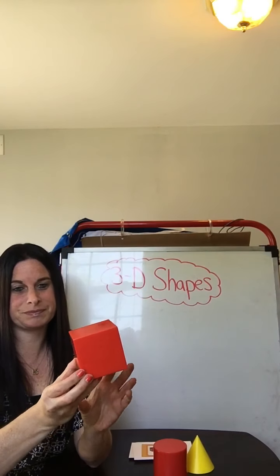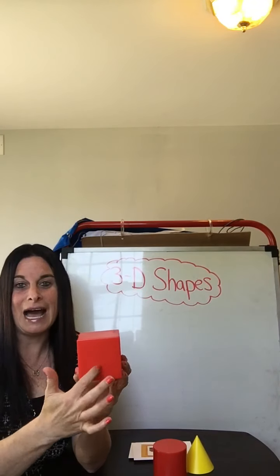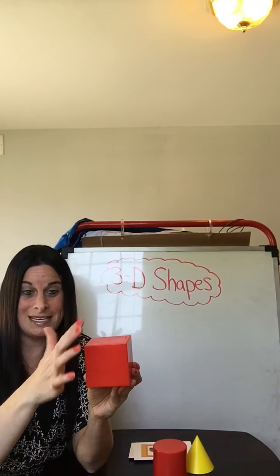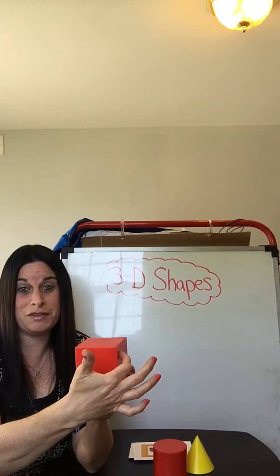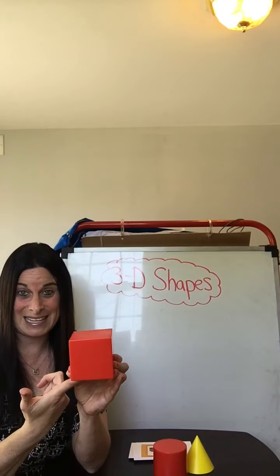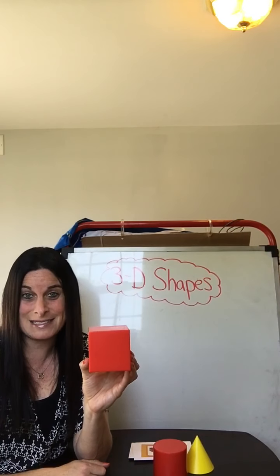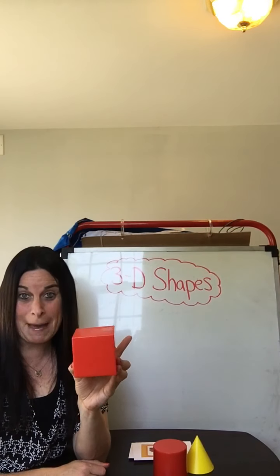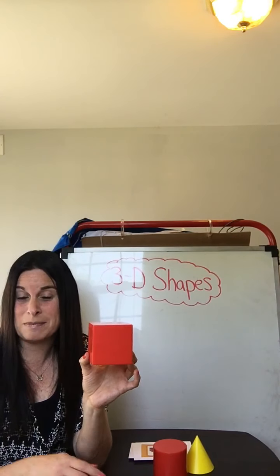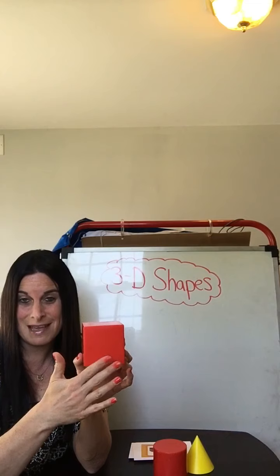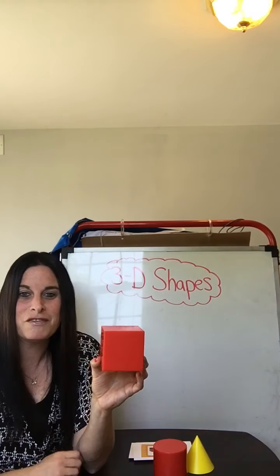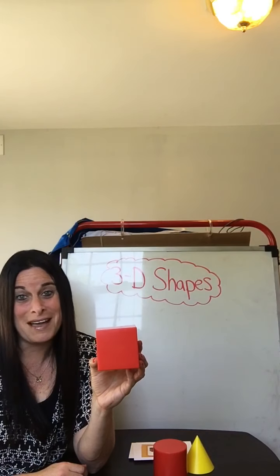Now, let's talk about some of the attributes of our cube. Let's see how many sides our cube has. I have 1, 2, 3, 4, 5, 6. A cube has 6 sides. Now remember when Miss Land told you that when we were doing 2D shapes and the shape was just flat, the sides and the vertices were the same. Well, guess what? For 3D shapes, they are not.